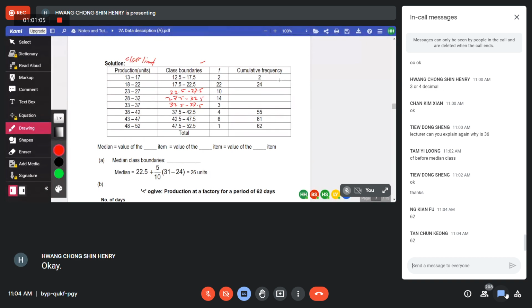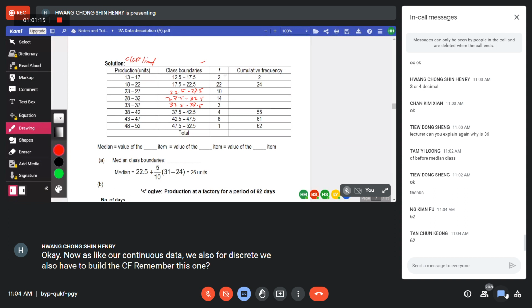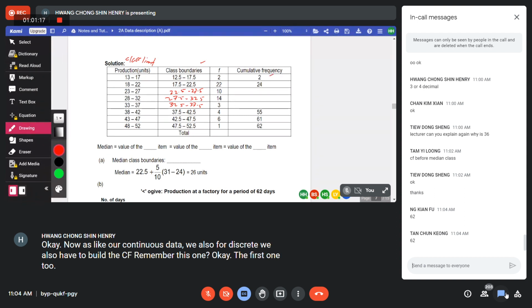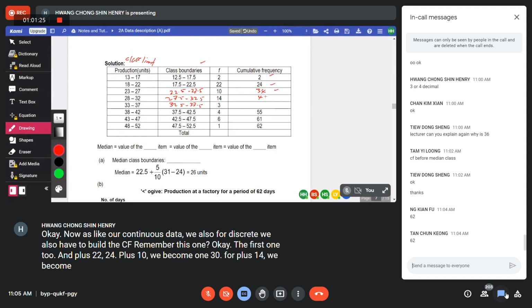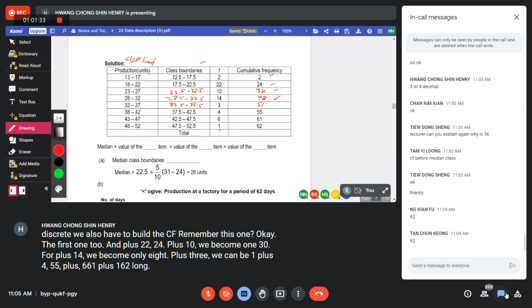Okay, as with continuous data, for discrete data we also have to build a CF. Remember this one? The first one 2, then plus 22, 24, plus 6 we become 30. 30 plus 18 we become 48. Plus 3 become 51. Plus 4, 55, plus 6, 61, plus 1, 62. So your total is the same.